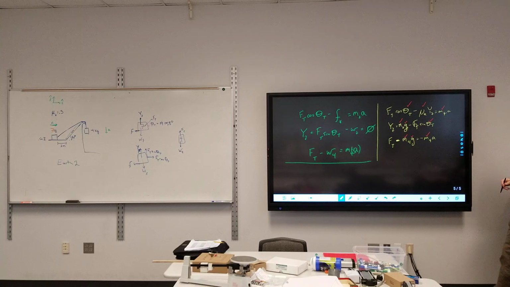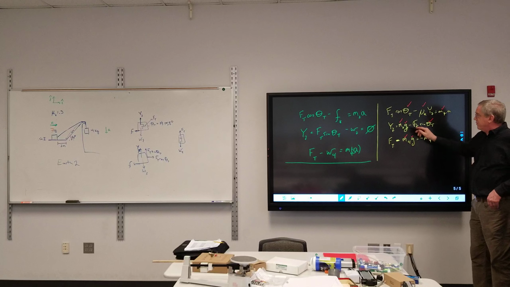So my unknowns are acceleration, the normal force, tension. 3 unknowns, 3 equations. This is mathematically solved. So how do you solve it? Substitute.